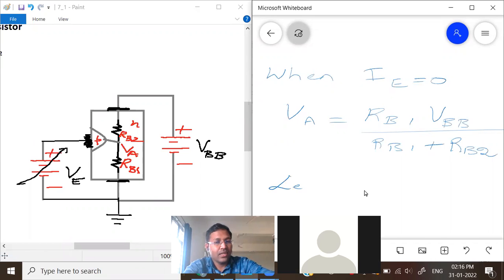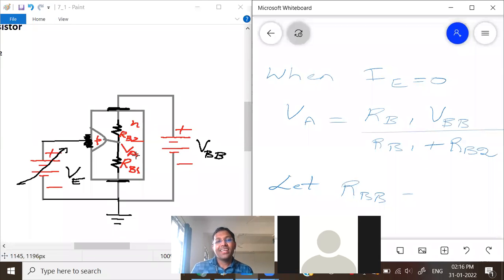Next, let us consider this ratio of resistances. What is that? This particular RB1 by RB1 plus RB2. We have this ratio of resistances.